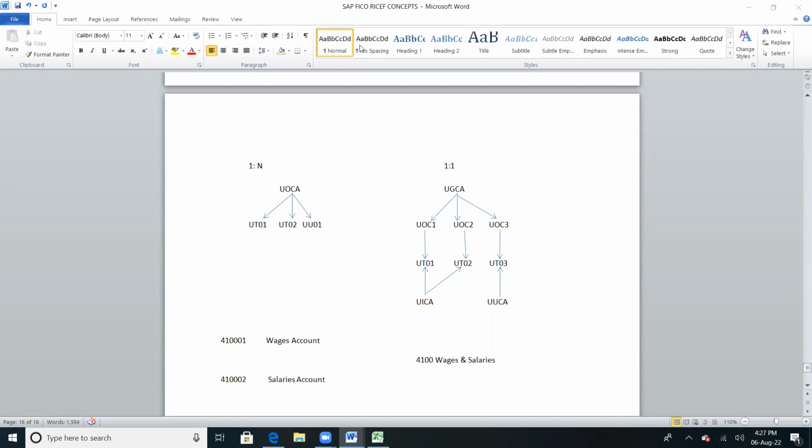It's not like that, it depends; it's not mandatory to have only 6 digits. Clear, Charan? Up to a maximum of 10 digits we can have.